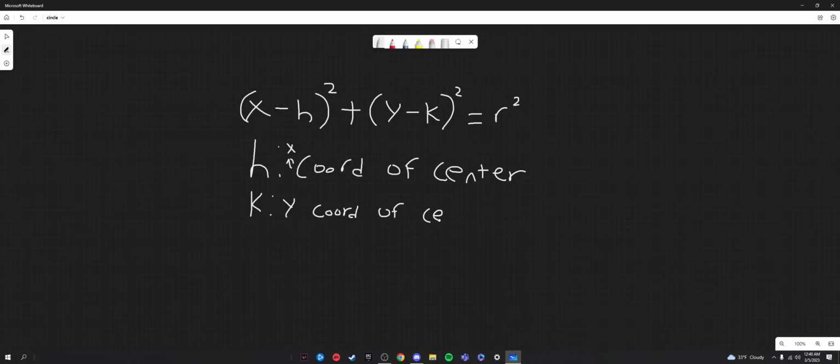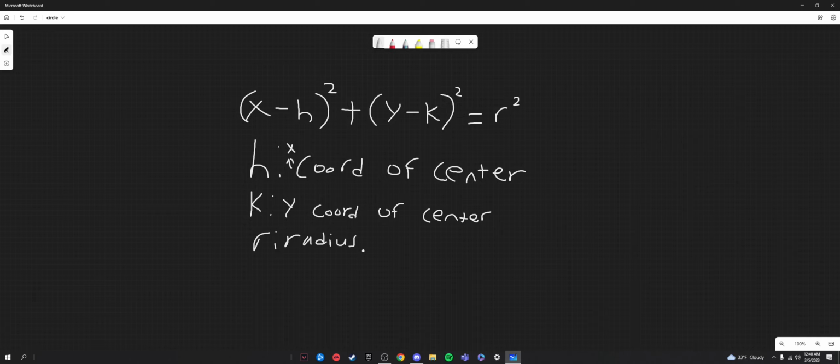And of course, radius is also present because we're talking about a circle. So r is our radius. Now, I won't be going into the derivation of the actual formula, but you can see just based off the way it's structured, it looks very similar to the Pythagorean theorem and by extension, the distance formula.